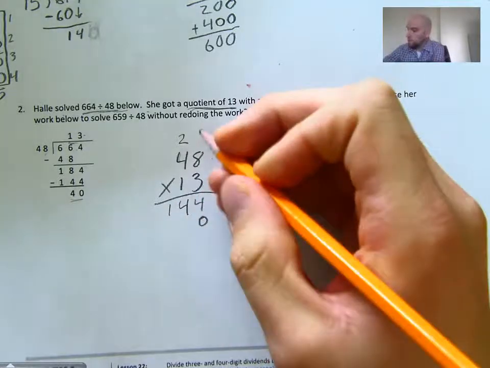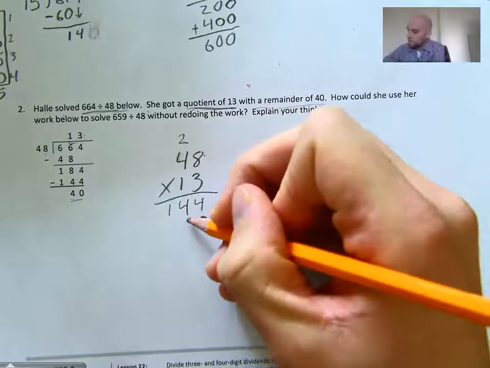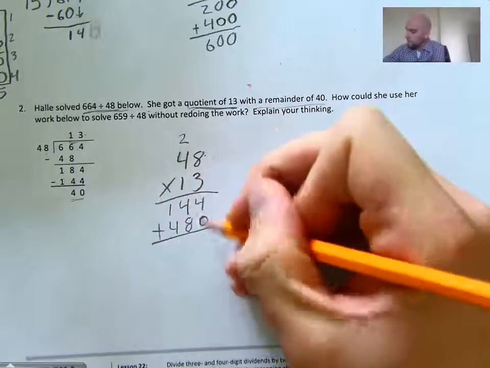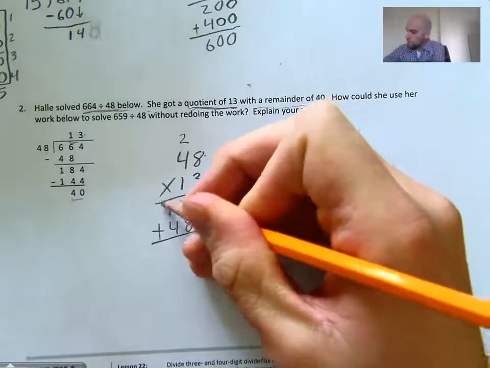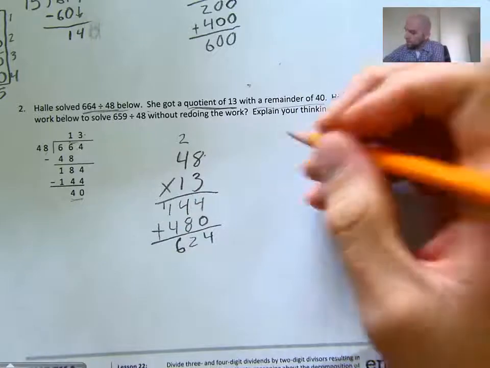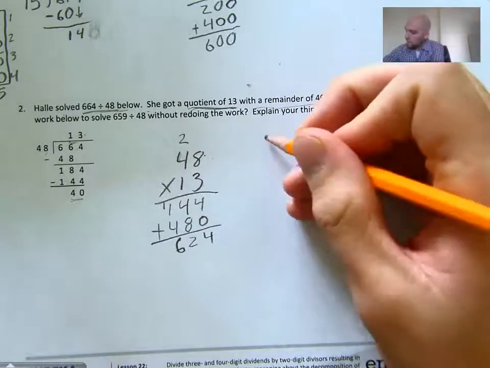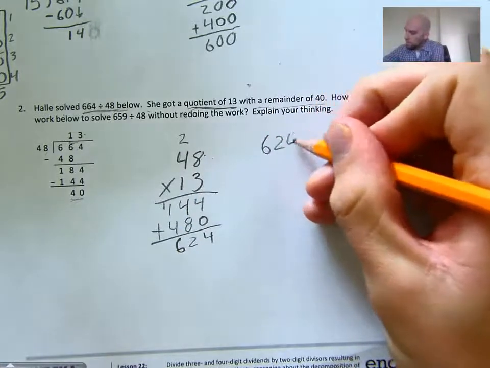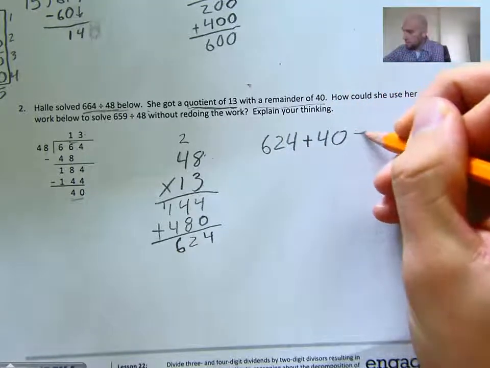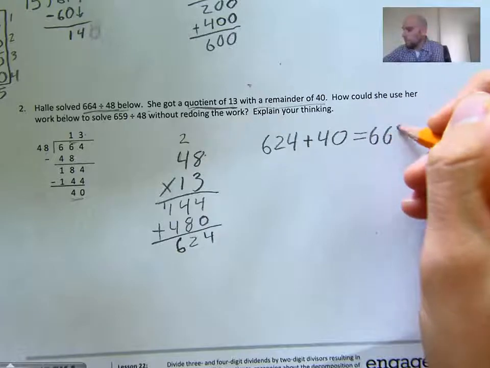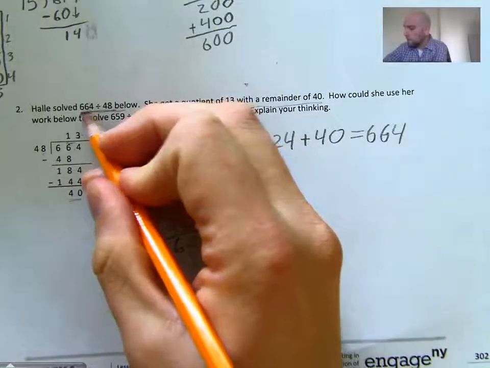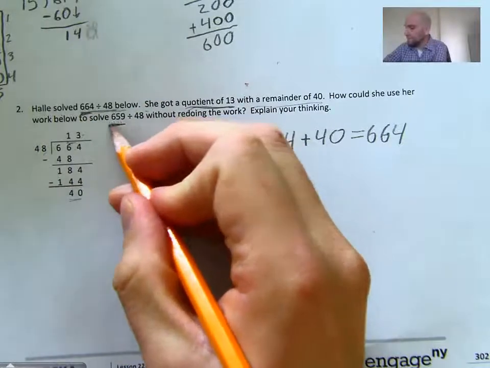Down 0 for our placeholder. 8 times 1 is 8. 4 times 1 is 4. 4, 2, 3, 1. And we get 624. And we know 624 plus 40 equals 664. But we don't want 664. We want to solve for 659.